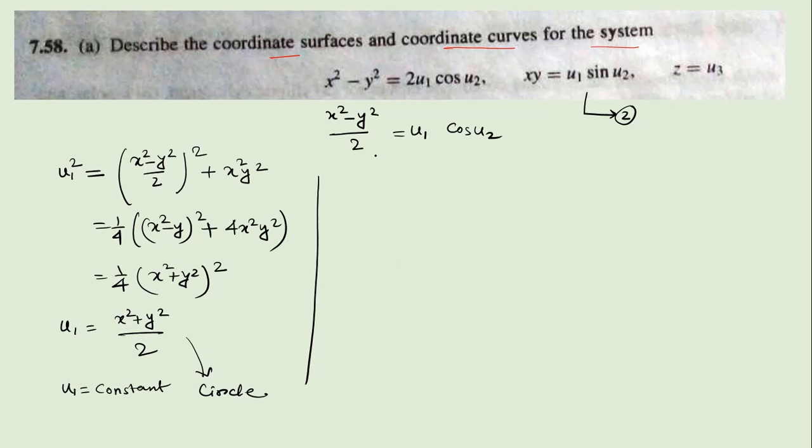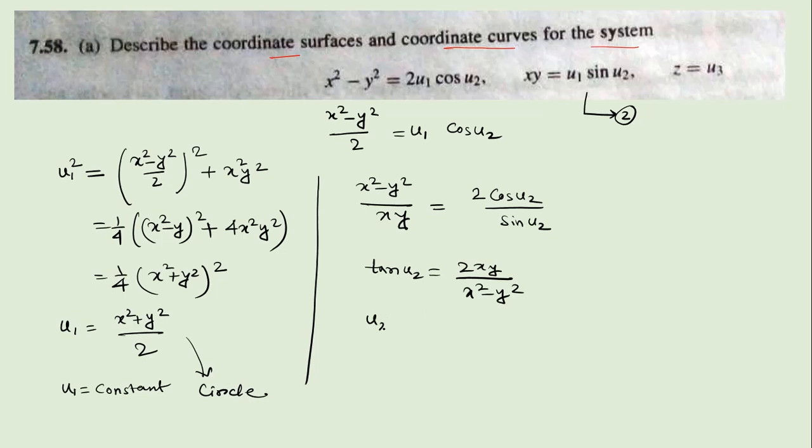For u2, if you divide these two equations, x square minus y square by xy is nothing but 2 cos u2 by sin u2. So this is tan u2 equals 2xy by x square minus y square. So u2 is nothing but tan inverse of 2xy by x square minus y square, right?